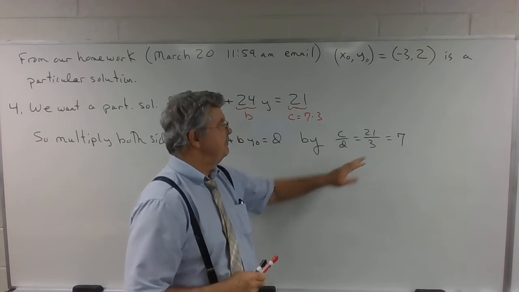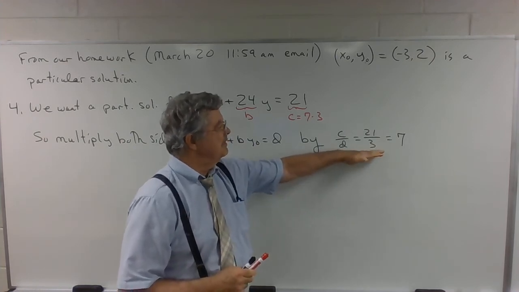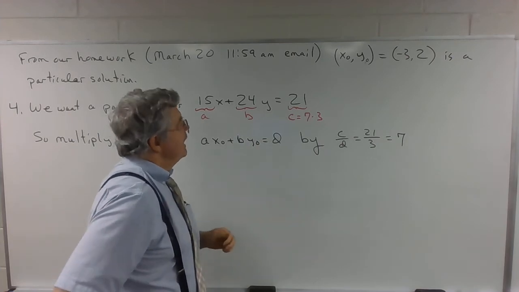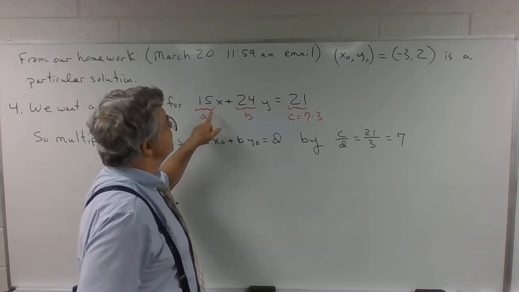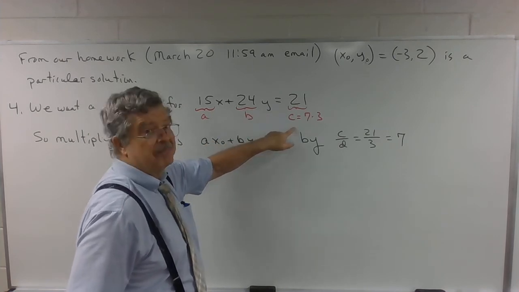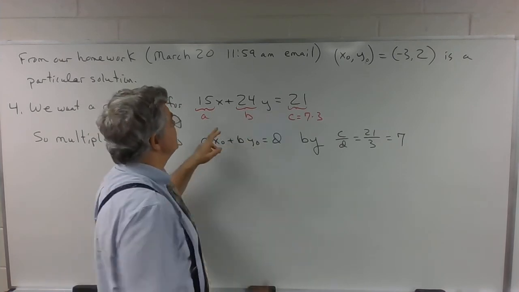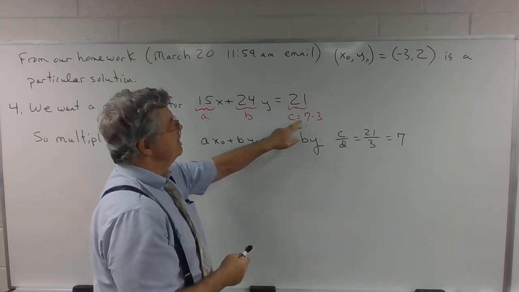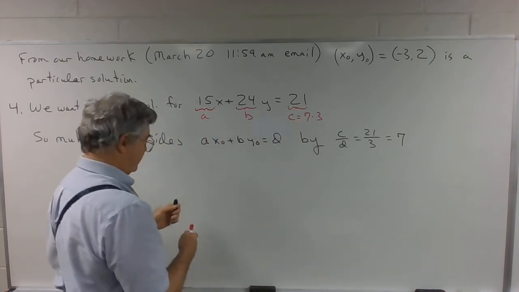Now, this is probably a little bit more detail than we need. We have a solution to the equation 15x plus 24y equals 3. So what are we going to multiply both sides by to make the right-hand side equal 21?